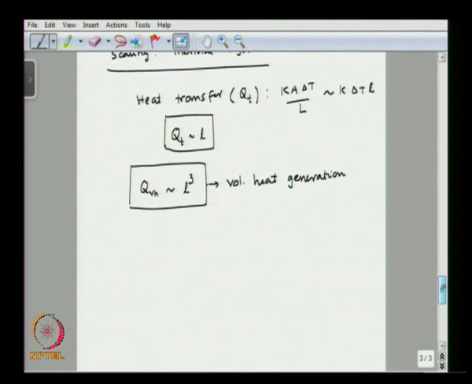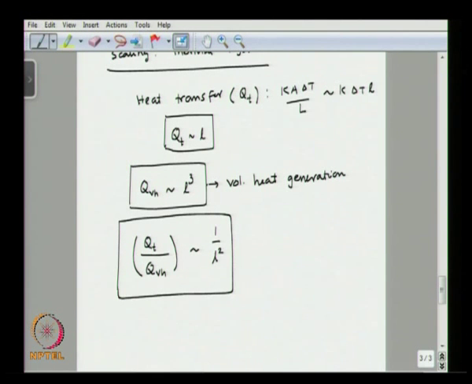Now, if you take a ratio between Q heat transfer over Q volumetric heat generation, it is going to scale as 1 over L square, right. So, as L reduces, the Q heat transfer divided by Q volumetric heat generation reduces.